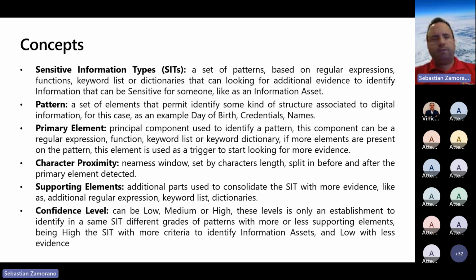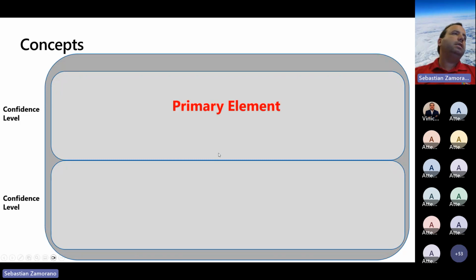I have experience with other customers creating several custom sensitive info types based only on keywords, or only on dictionaries. In a sensitive info type we can have several patterns, and we will see all of that. To start looking for a pattern, we need to identify our primary element, then a character proximity, supporting elements, and the confidence level. It's easier if we see it in this way.